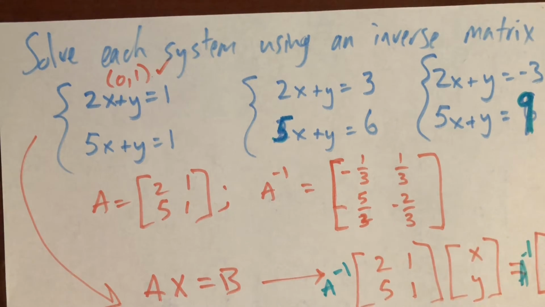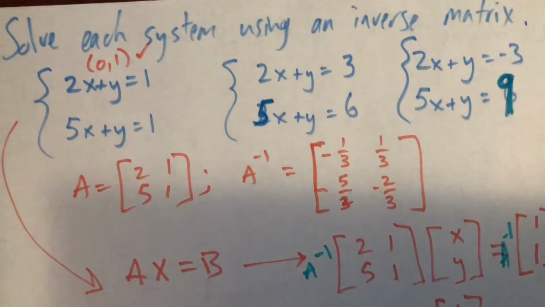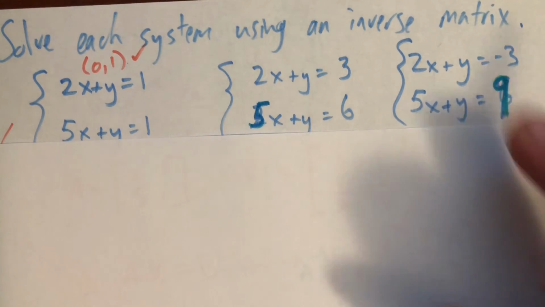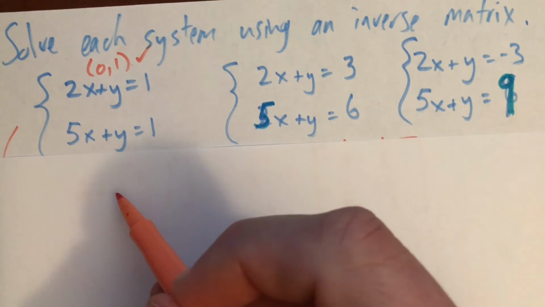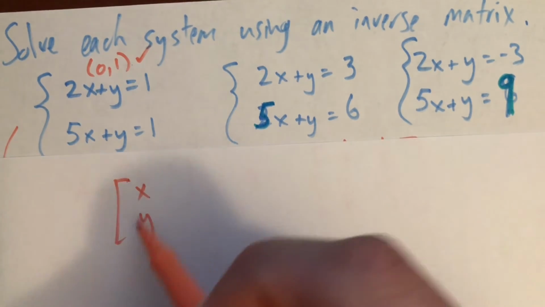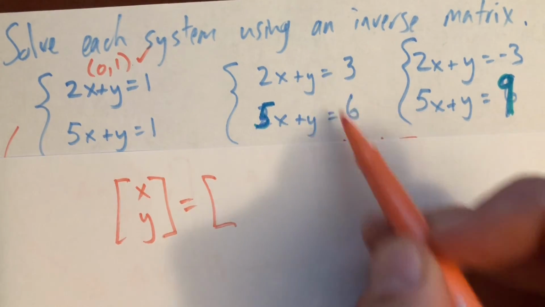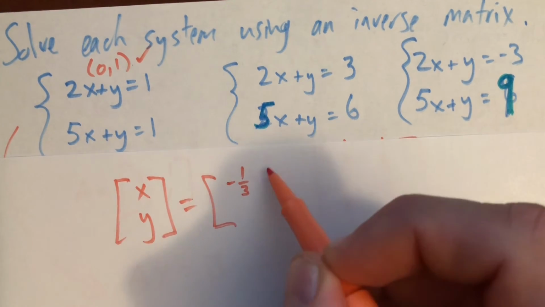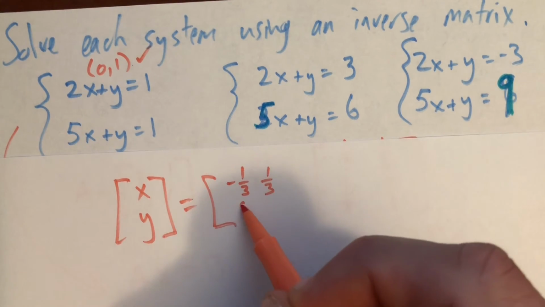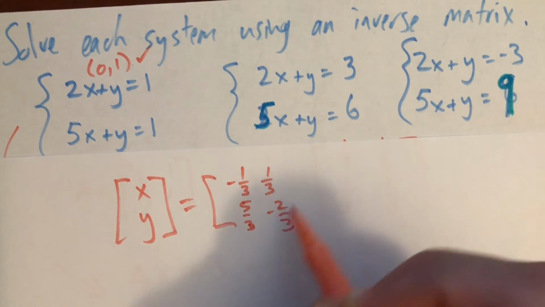Okay, so what are we going to do here? Let's do a lot less work for this one. We don't need to write all of this nonsense here because we're just going to do the same thing, right? All we really need to do for this one is say, hey, my xy is going to be my inverse matrix times these numbers. So again, the inverse matrix, we got -1/3, 1/3, 5/3, and then -2/3, okay.